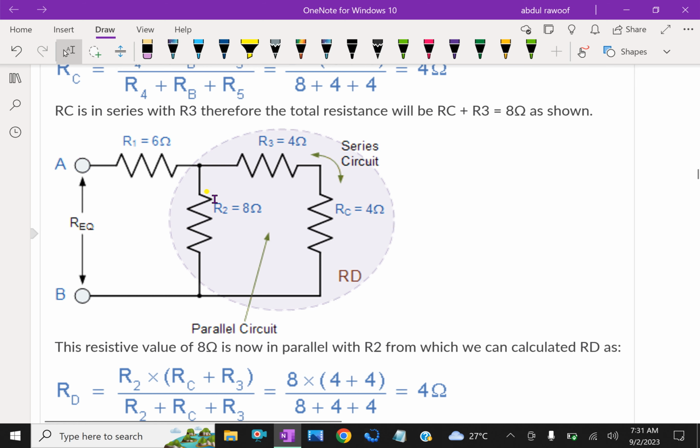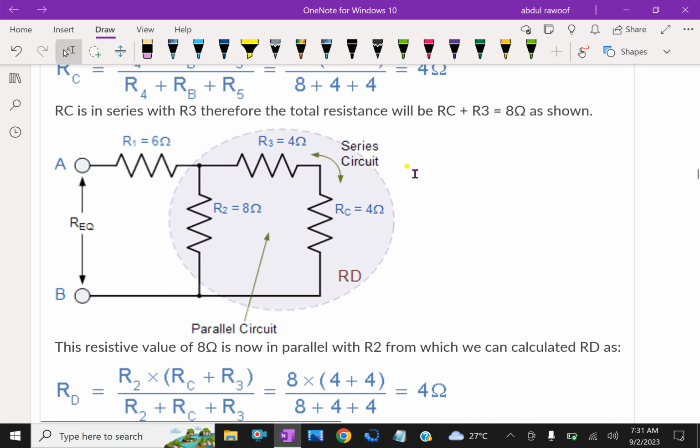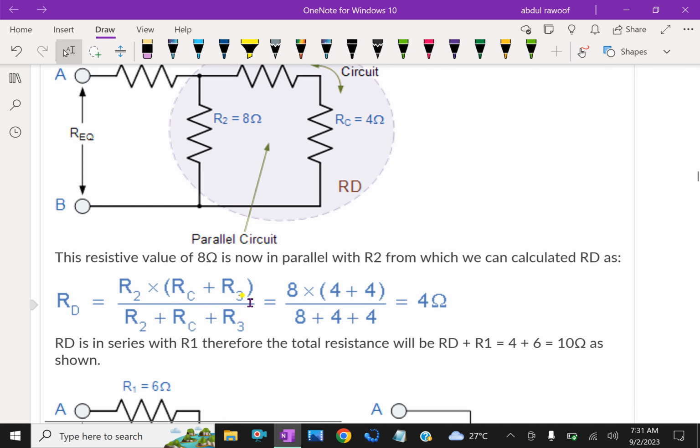Therefore this combined resistance is RD, which is equal to R2 into R3 plus RC over R2 plus R3 plus RC. That is 8 into 4 plus 4 over 8 plus 4 plus 4, that is 4 ohm.